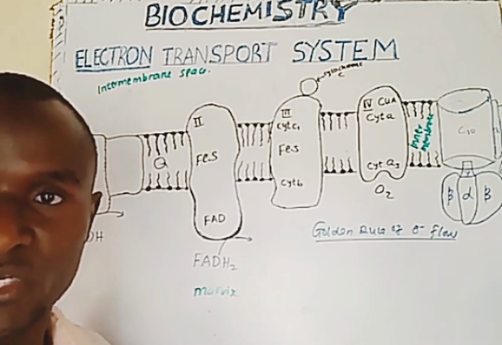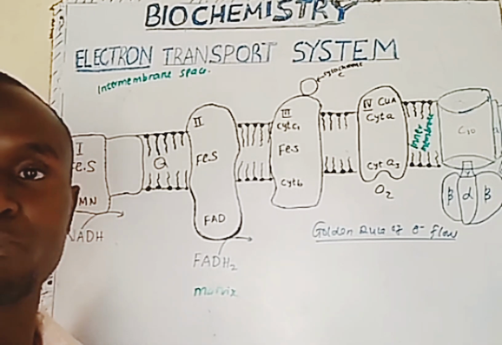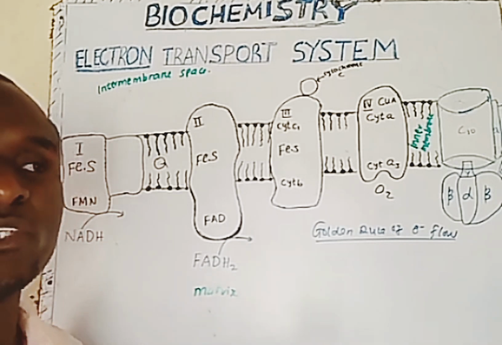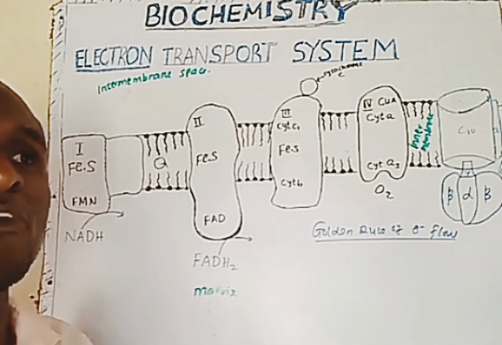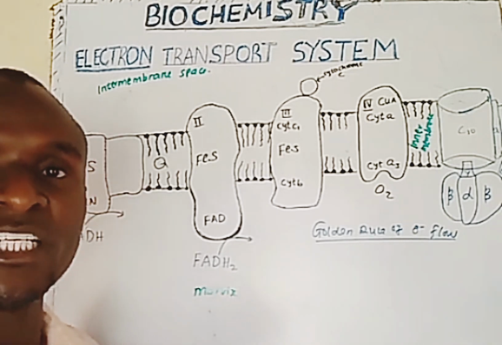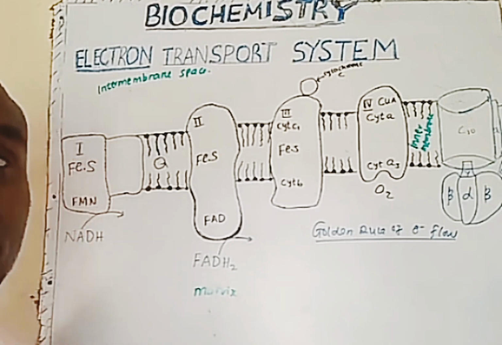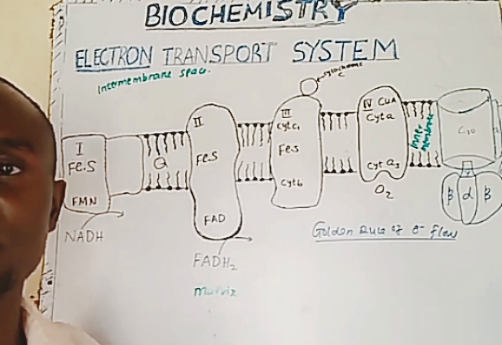You might ask yourself what is meant by the term reduction potential. So reduction potential means the ability to reduce another molecule. So a molecule that has a higher reduction potential has a higher ability to reduce another molecule. That's a very important point for you to note.